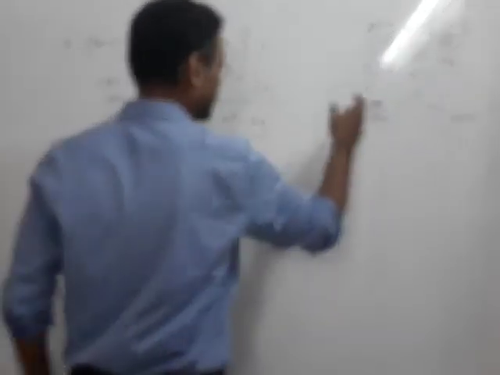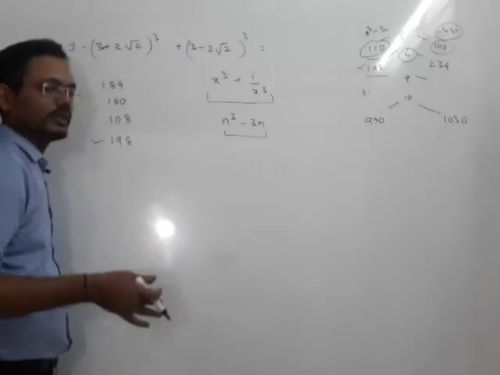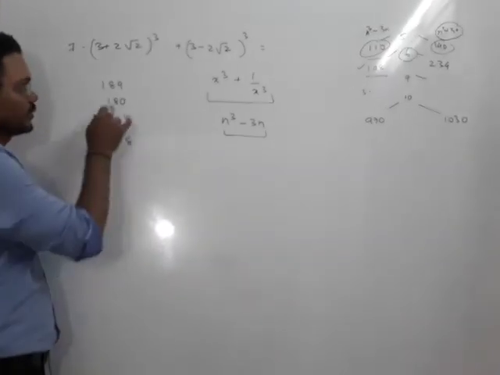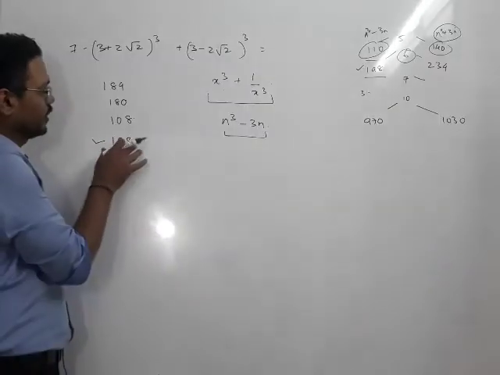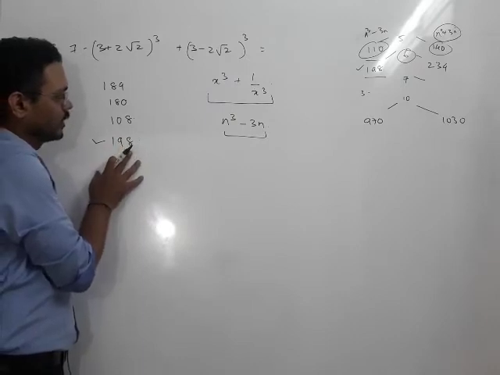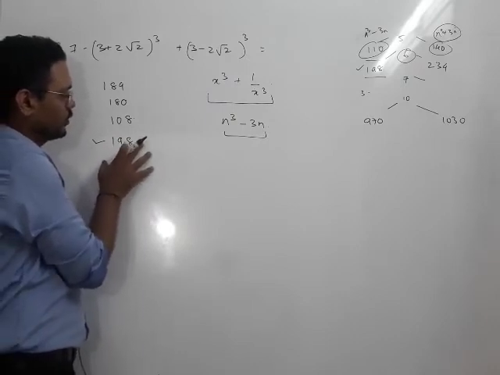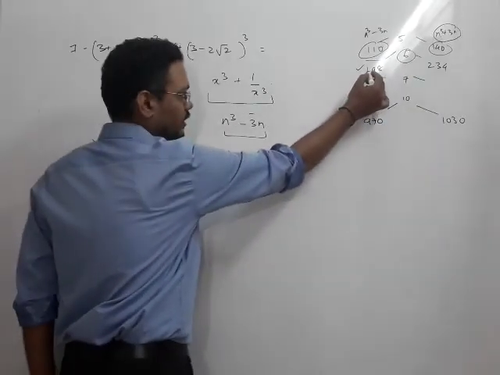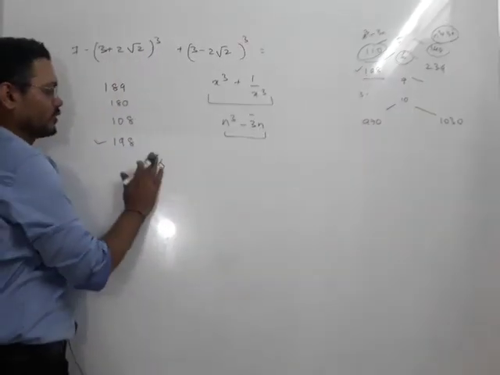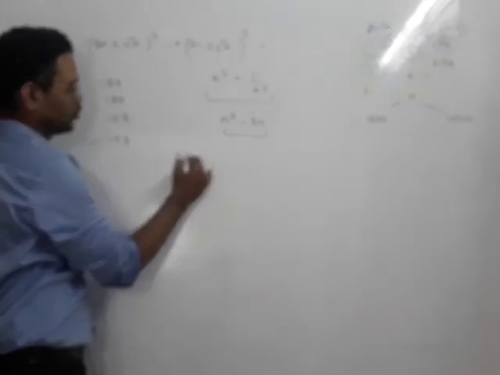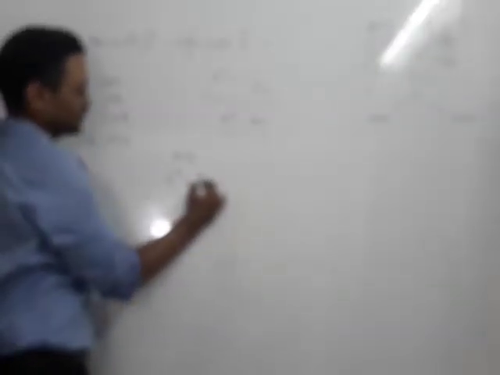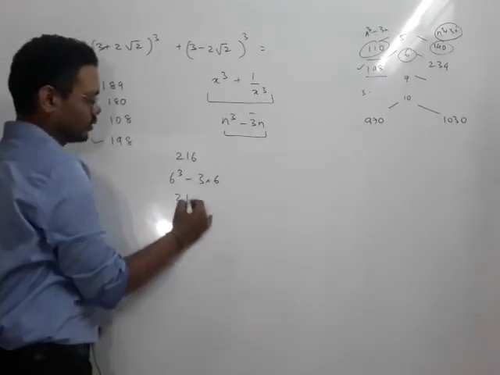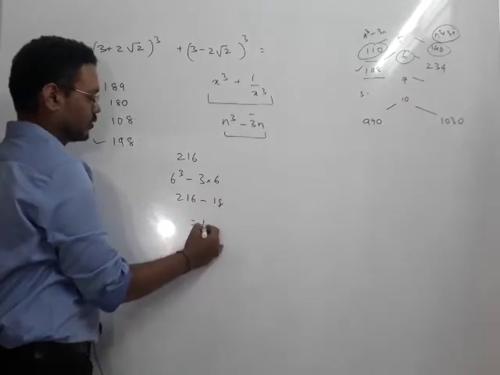You can see they will ask up to 6, or 7, 8 or 9 also. So this is a particular range of 6, and the moment you have found that it is in the range of 6 and it will be minus, I know that it is 198, which is 6 cube minus 3 into 6, which is 216 minus 18, 198.